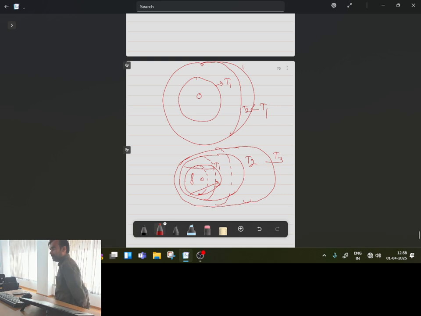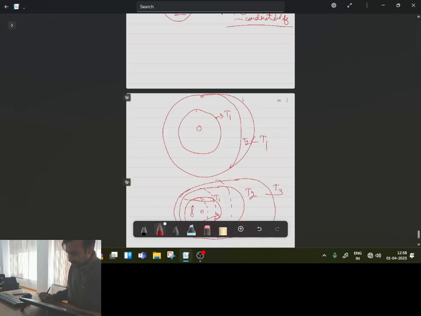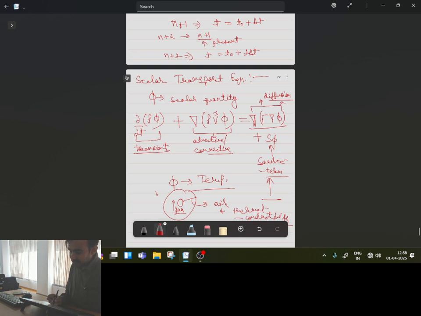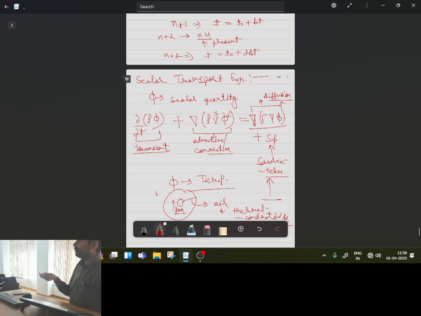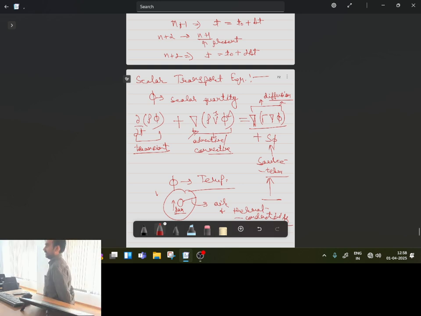Is this one clear? So now what has happened? The variation in phi has started because of the predominant direction of the flow. So what is the contribution of the flow on changing the value of temperature? That is coming in the advective or convective term. Is this one clear?